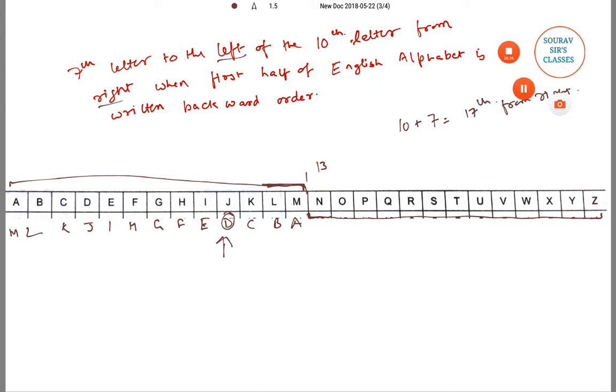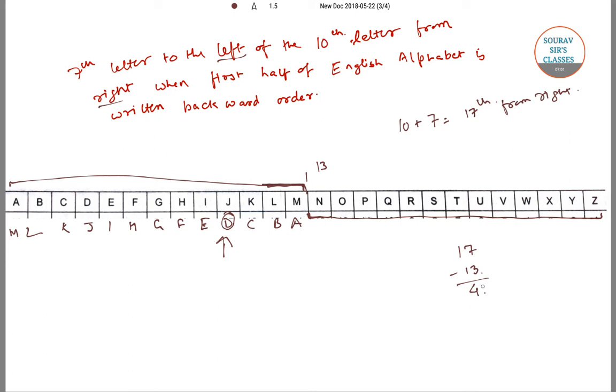A trick for solving it without writing the first half of the alphabets in reverse order: suppose we have to find the 17th alphabet from the right. We know the second half is 13 alphabets written in the same order, so we subtract 13 from 17, which gives 4.